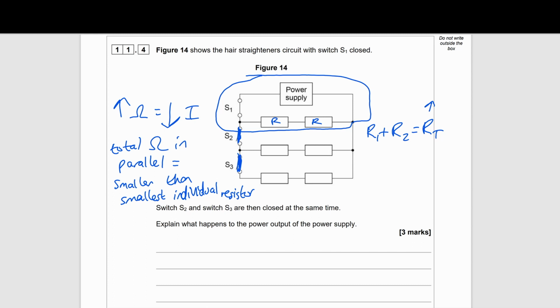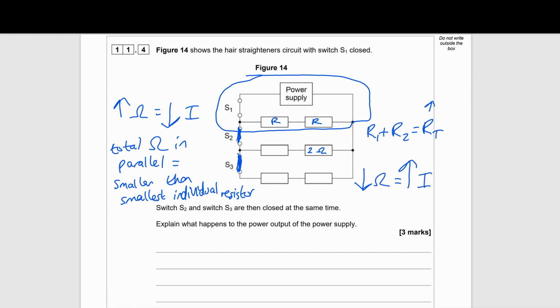So that means if we had a resistor, let's take this one here, which was 2 ohms, the total resistance would be smaller than 2 ohms. So if the resistance is smaller, the current would be higher.